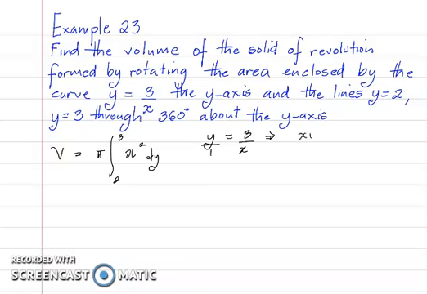Therefore, xy is equal to 3 times 1, which is 3. Divide both sides by y, and I'm going to get x is equal to 3 over y. Now, therefore, x squared, which I need for the calculation, would be equal to 9 over y squared.